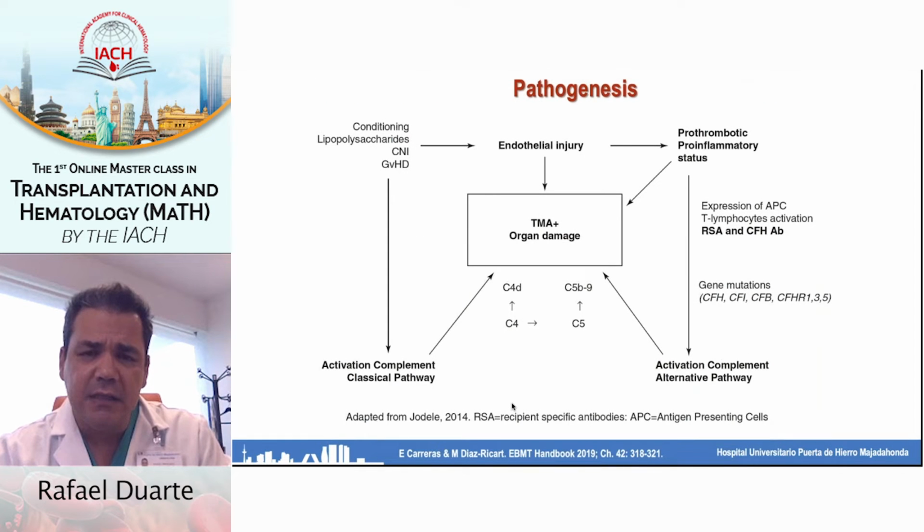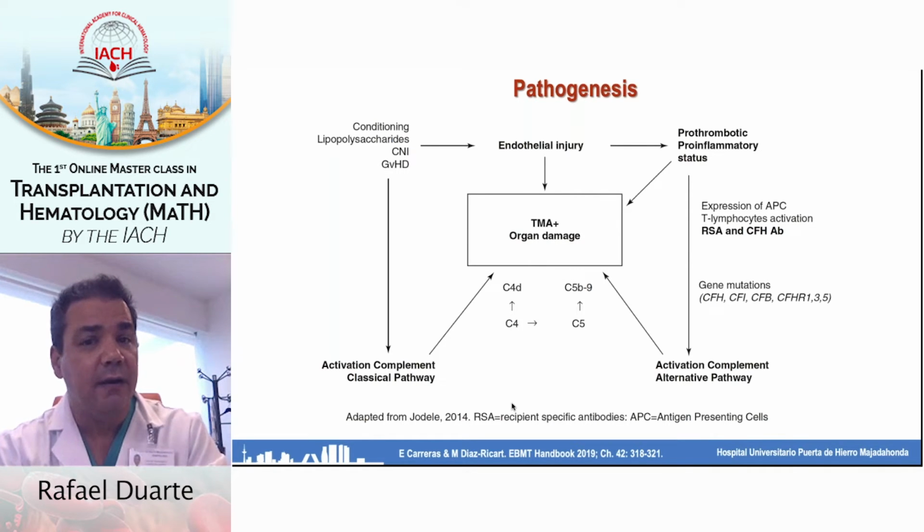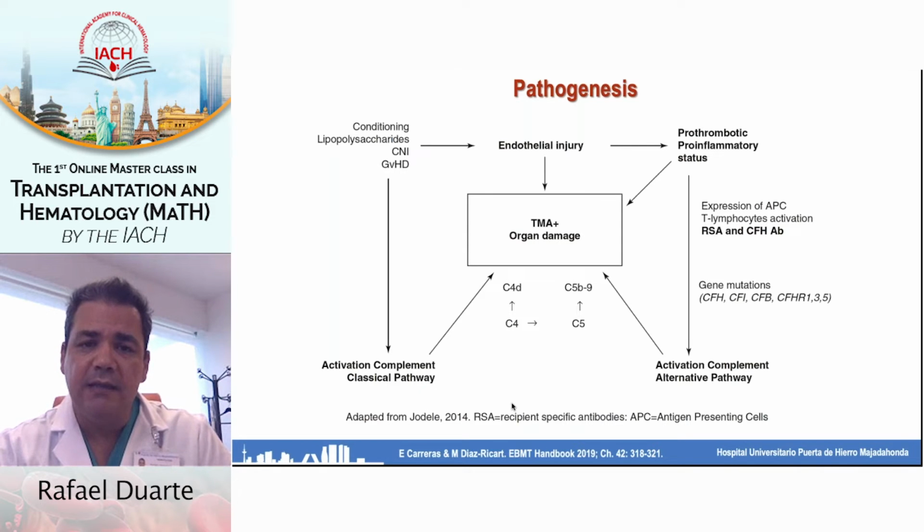The pathogenesis includes, as in all those syndromes that we were talking before, endothelial injury that comes from a number of factors, and there's risk factors at the beginning, and there's also triggering factors later on that induce that endothelial injury. And as opposed to some of the other endothelial dysfunction syndromes, something very characteristic of TMA is that it also includes complement activation.